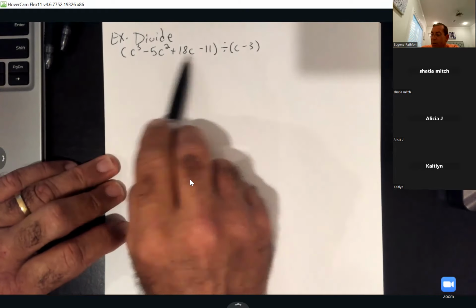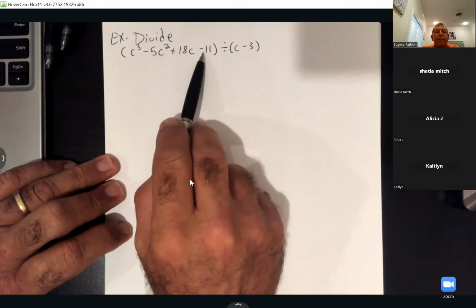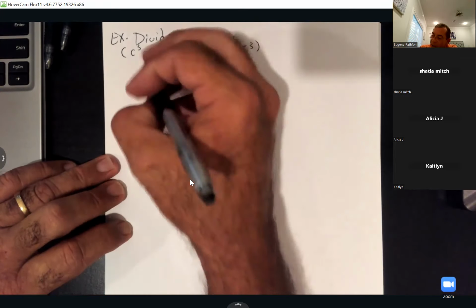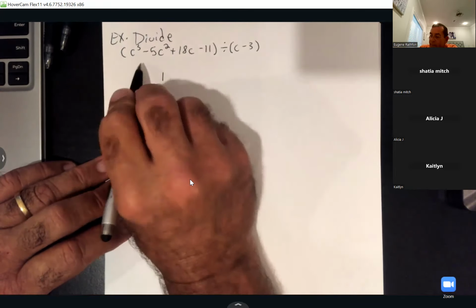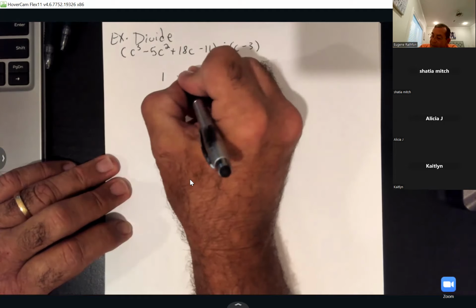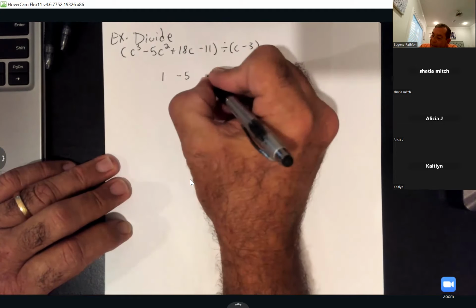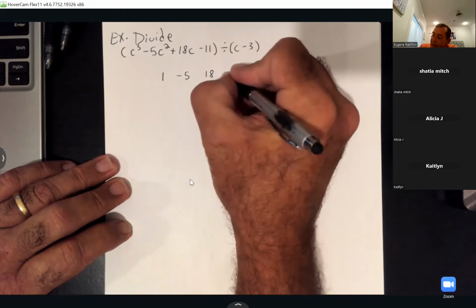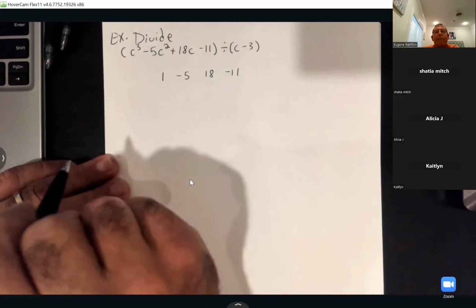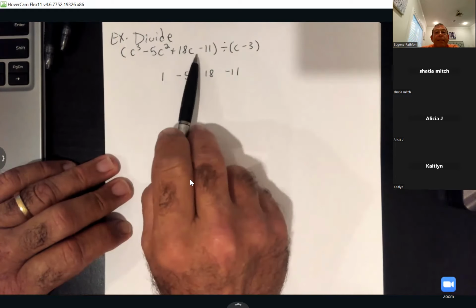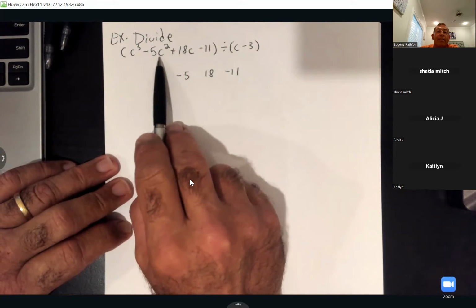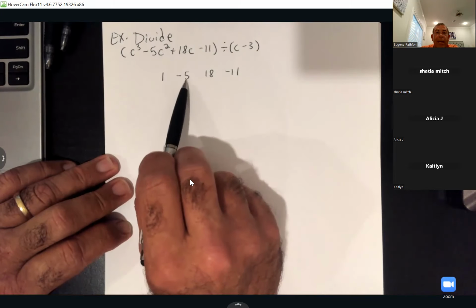The first thing we're going to do is write out these coefficients. Remember, that's a 1C to the third. So I got a 1, negative 5, 18, and a negative 11. Now, if anything's missing, like if I didn't have my C squared here, I would have to put zeros down here.